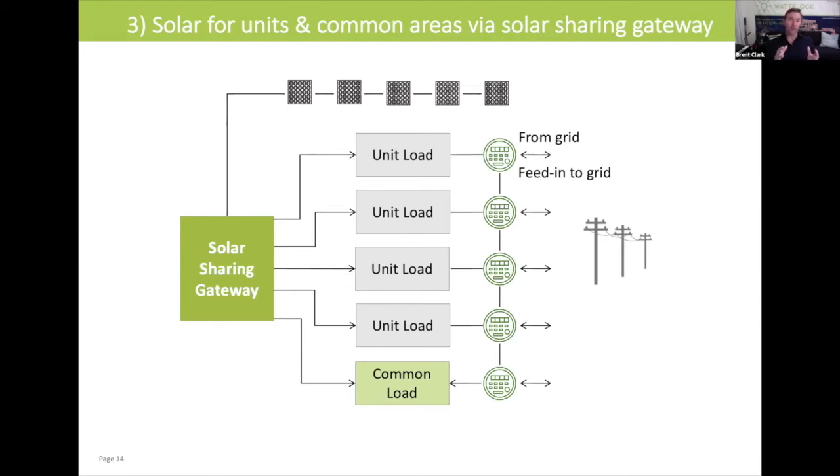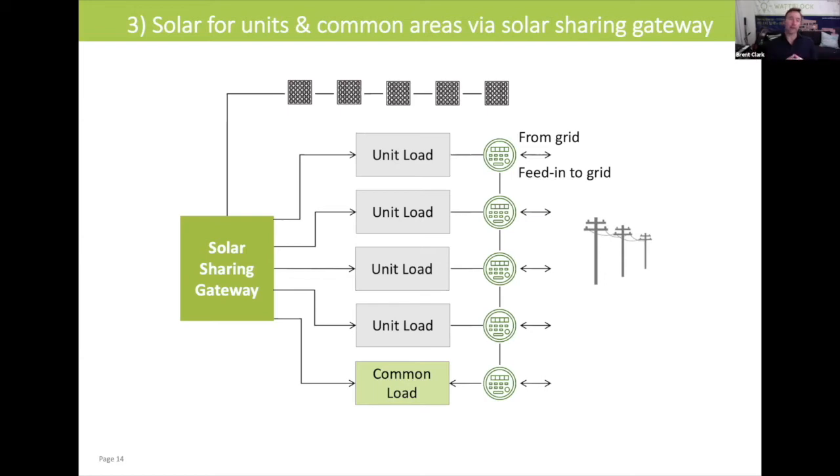And what it's doing is during the solar generation period, it's actually squirting the solar that's generated to the units that need it the most. And it's got an accounting system that's operating in the cloud that's measuring how much solar from the shared solar system on the roof is going into each of the individual apartments over the course of a month.